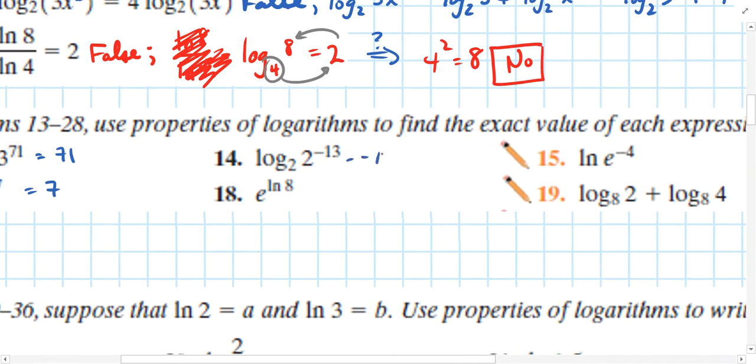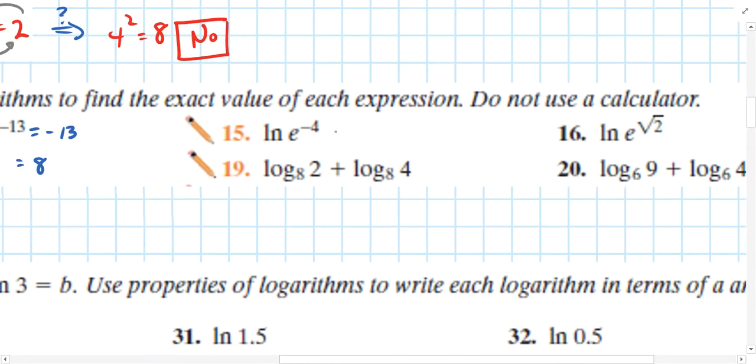We have negative 13. And for number 18, don't forget that e is a number and the natural log requires the base of e, so this expression is going to be equal to 8. The natural log's base is e with an exponent's base of e, so this result is negative 4.